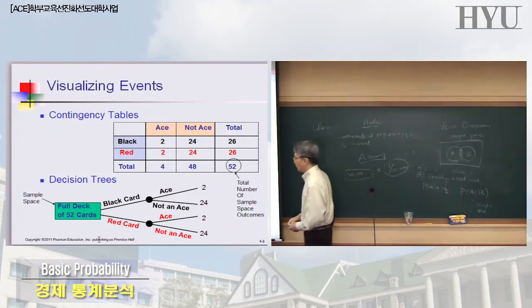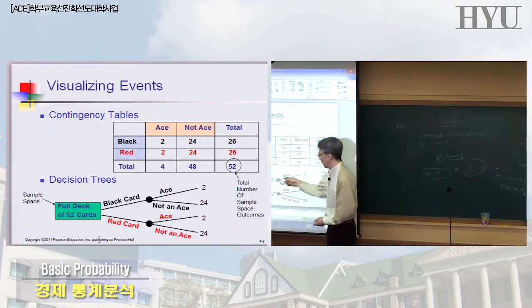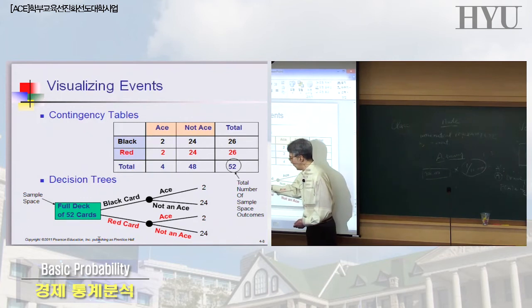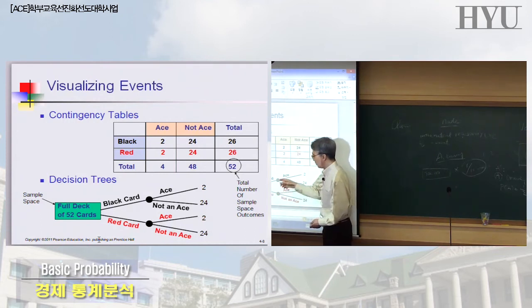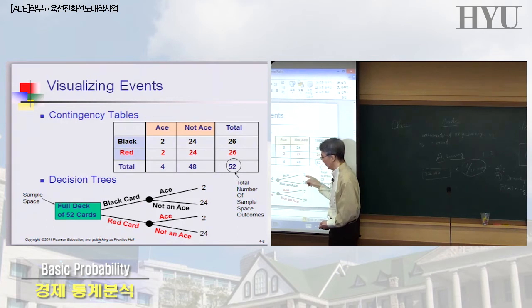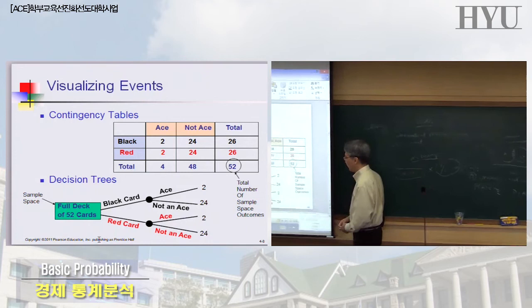A node is the place where each branch comes out. So out of the first node, we have the black card possibility and the red card possibility. And then among the black cards, some are ace, and the rest are not an ace. So we can represent it this way.